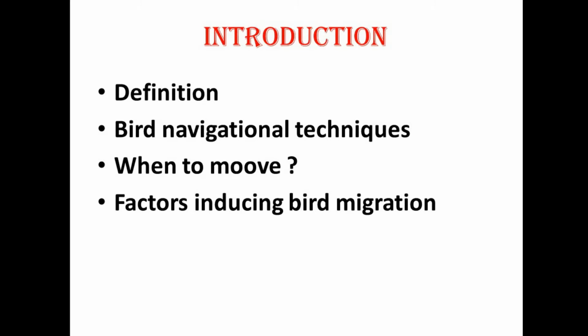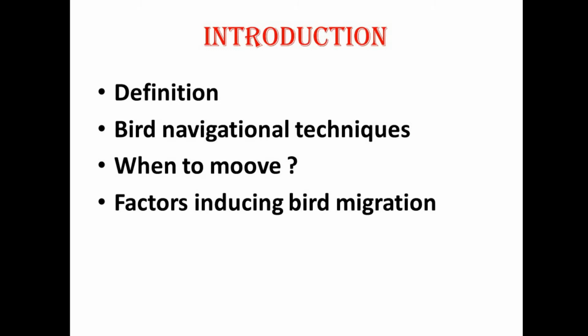This endogenous component prepares the animal for annual events, that is the onset of seasonal migration, and the third one, photoperiod, then synchronizes this preparedness with the exact day when migration is required to start in that particular bird. Thus, in short, that is the summary of the previous lecture, and now we'll start with the types of migration in birds.